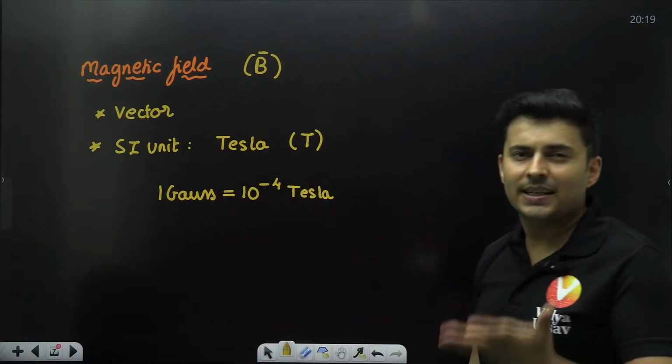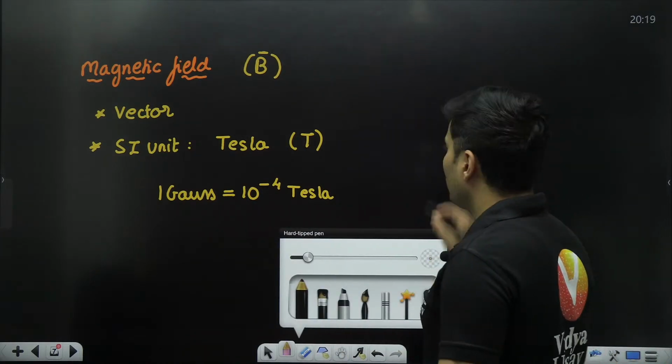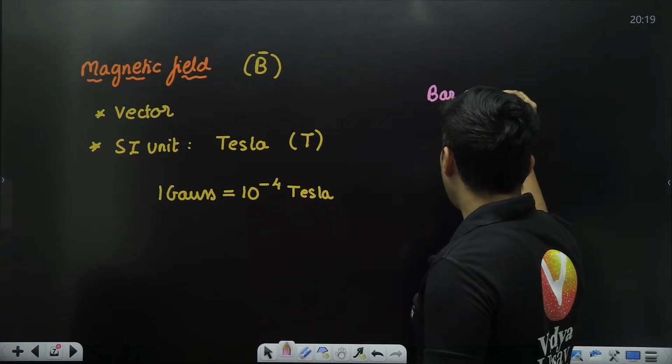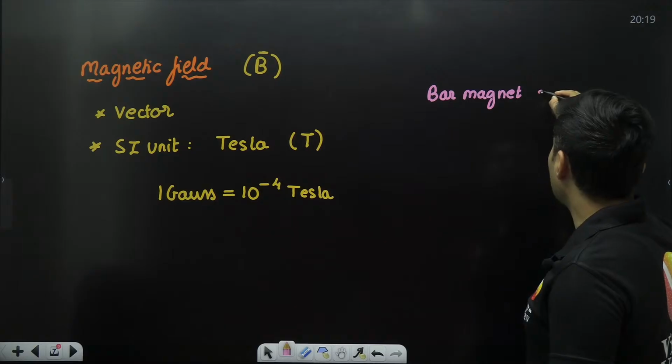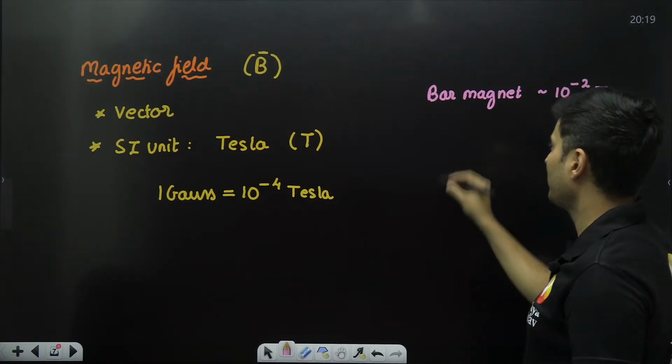How much is a Tesla? Just to give you an idea, for a bar magnet, the field around it is of the order of 10 to the power minus 2 Tesla.